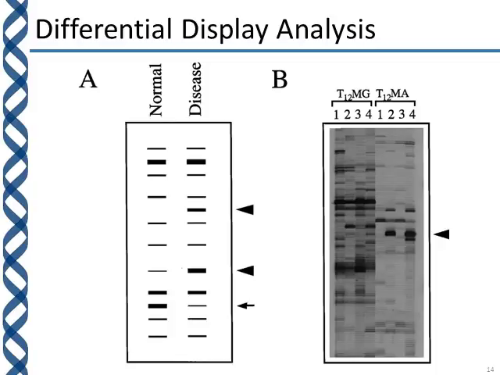The second arrow shows a messenger RNA which is overexpressed in the disease condition, versus the lower arrow, where you have a messenger RNA which is overexpressed in the normal condition. In the B sample, we show an actual gel where you can see certain bands which are overexpressed in certain conditions and certain bands which are underexpressed.